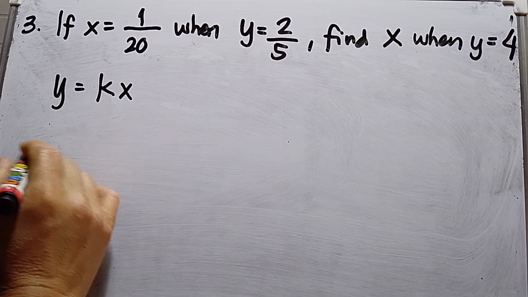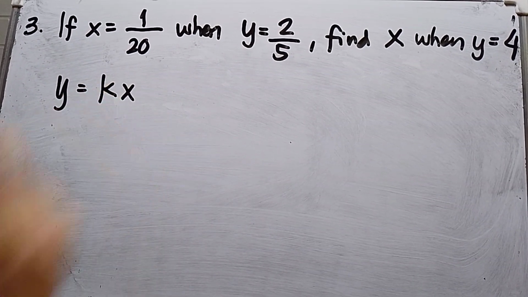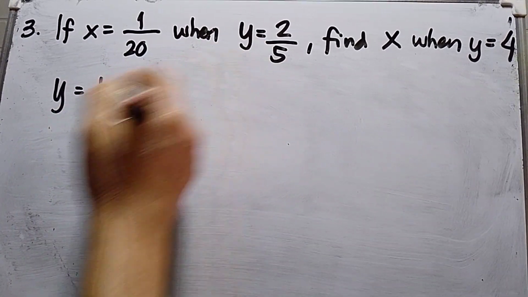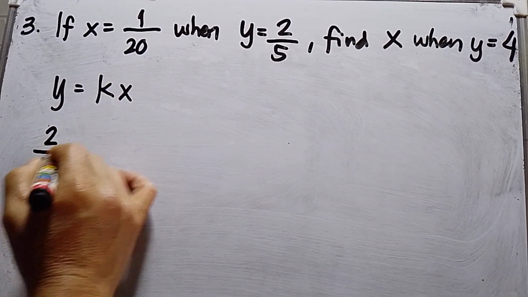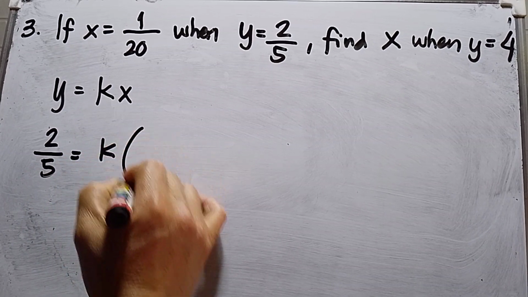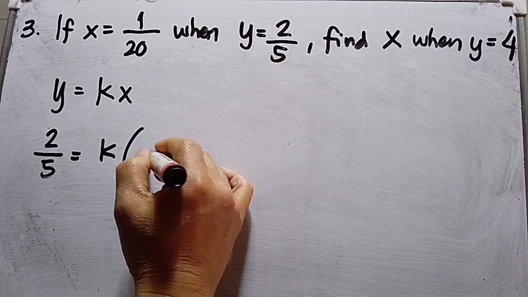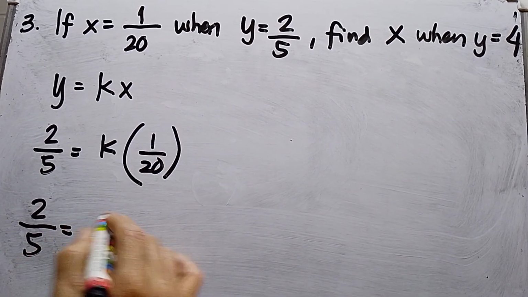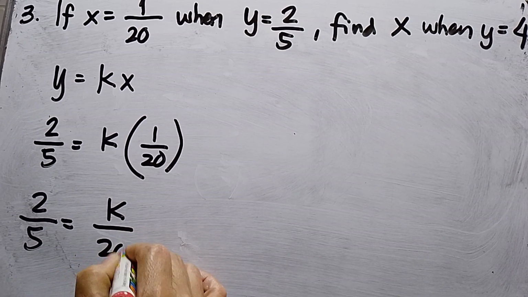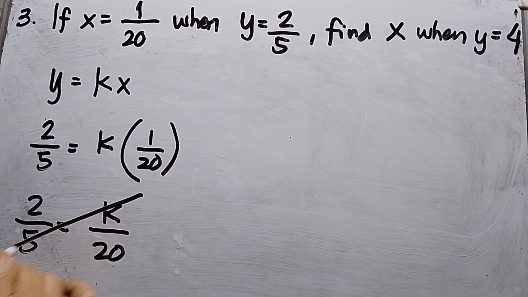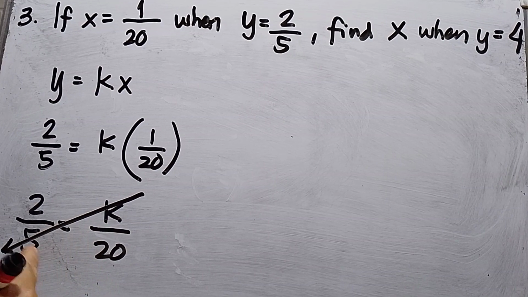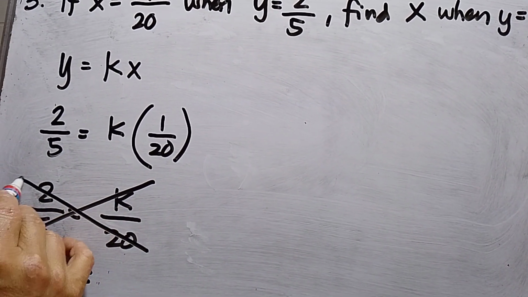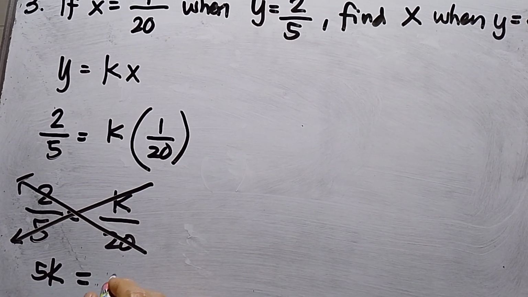So the first thing to do is solve for the constant of variation. I have here y equals 2 over 5. This will be 2 over 5 is equal to k times the value of x, which is 1 over 20. So this will be 2 over 5 is equal to k over 20. Then apply cross multiplication. 5 times k is 5k, equal to 2 times 20, which is 40.